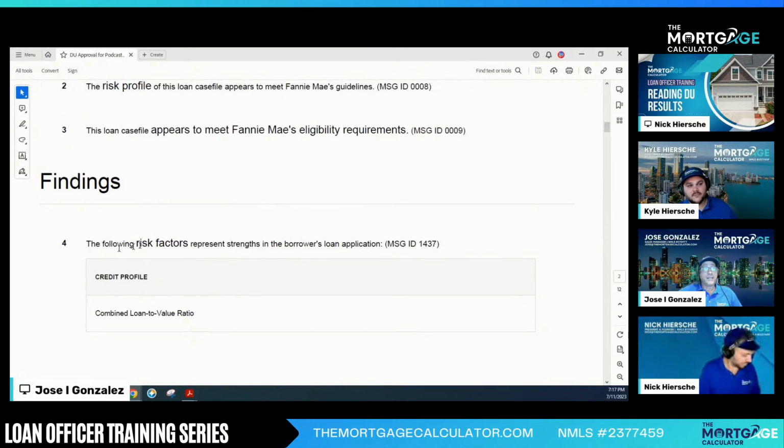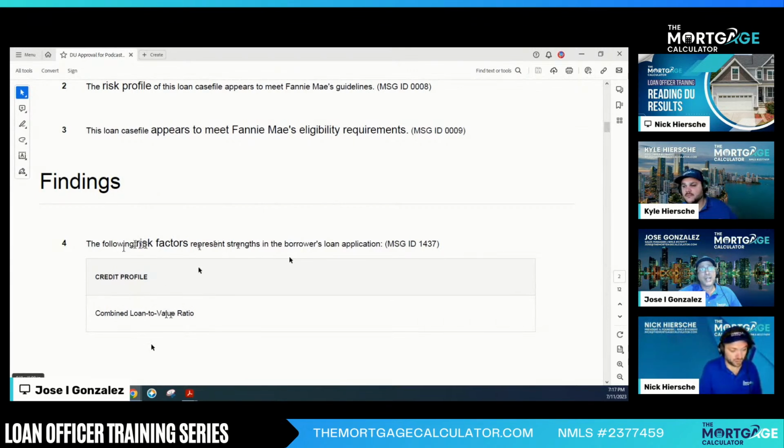In this deal's case, the following risk factors represent strengths, right? But if it was not an approved eligible, the following risk factors would represent the weaknesses in the borrower's loan application. And it could be the combined loan to value, it could be the excessive delinquencies.